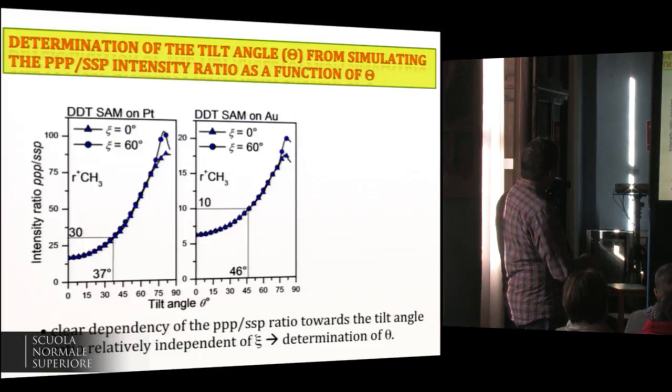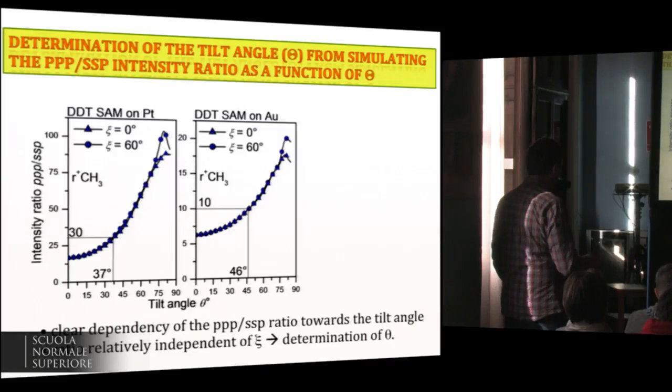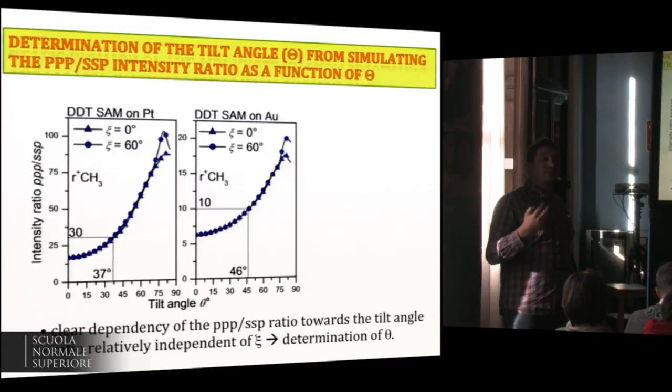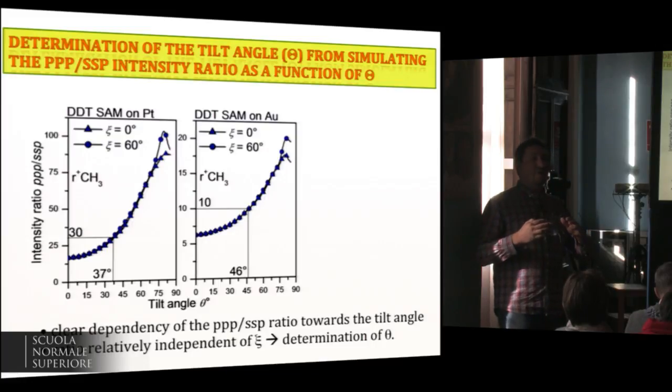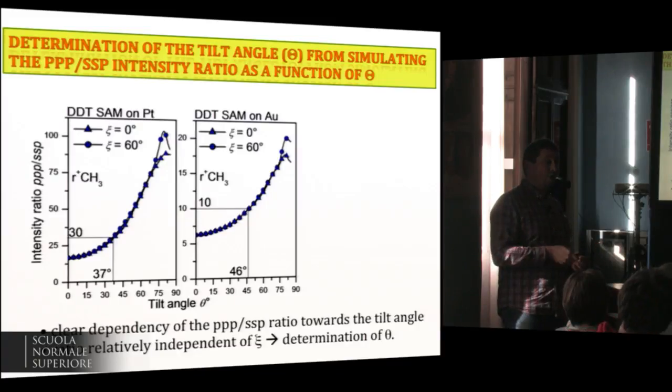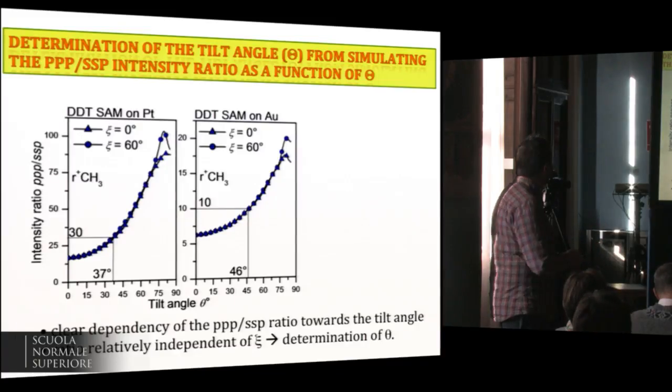If you do the same for gold, you have an experimental ratio of 10, and you conclude that the tilt angle for the molecule is 46 degrees. So what we would like is not only to deduce the value of the tilt angle, but also the value of the rotation angle.